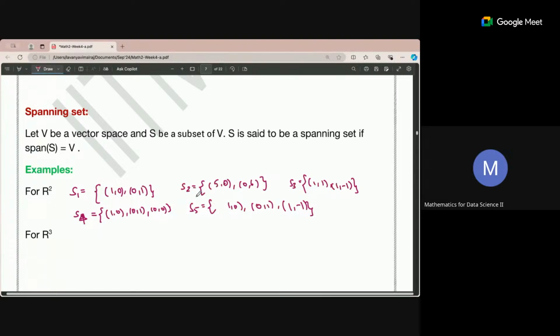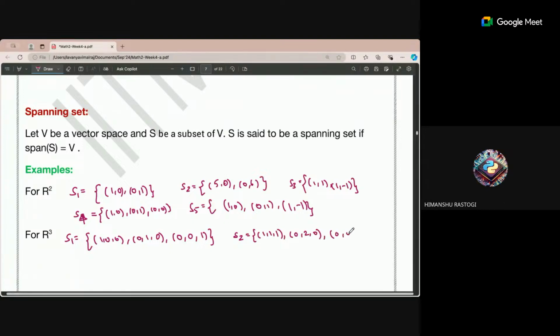Now can you tell spanning sets for R3? (1, 0, 0), (0, 1, 0) and (0, 0, 1). Yes. What about any other set? (1, 1, 1), (0, 2, 0) and (0, 0, 4).